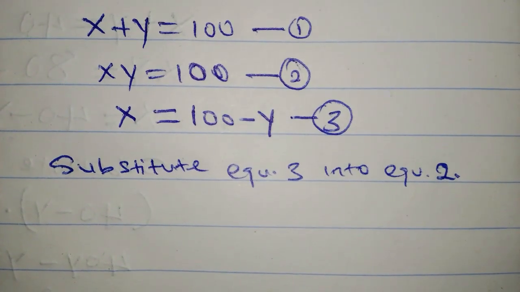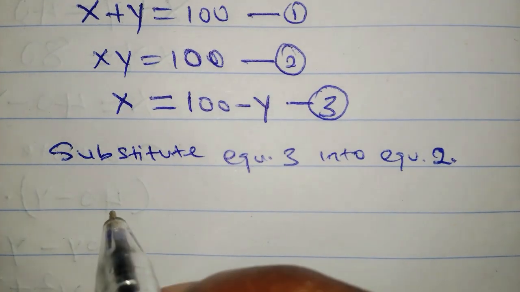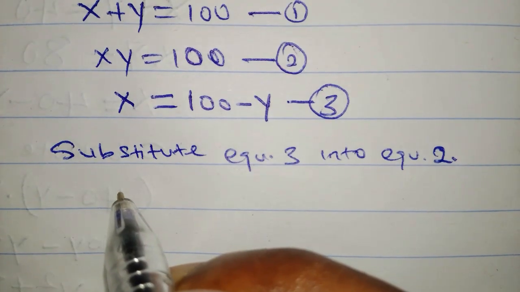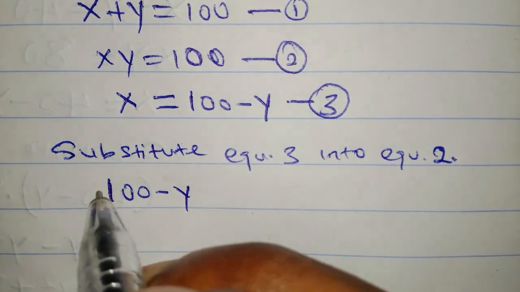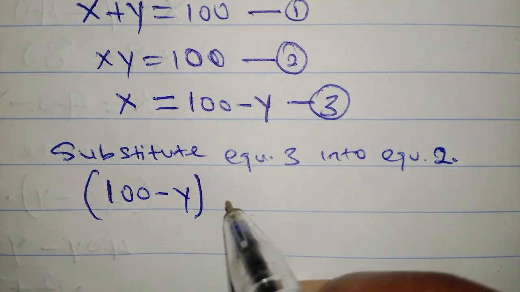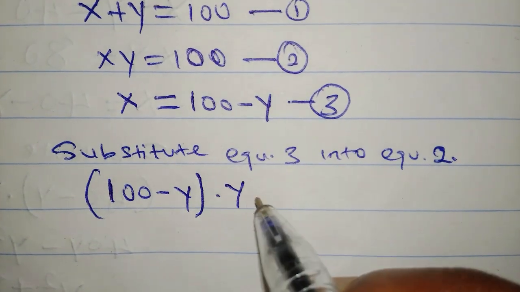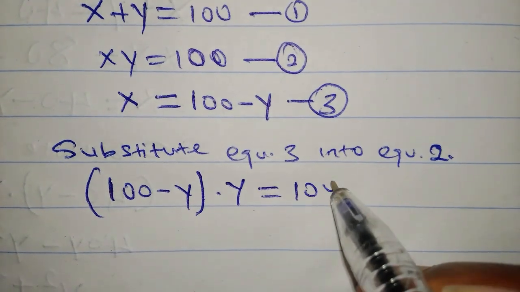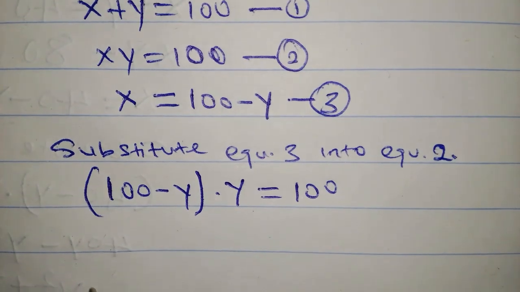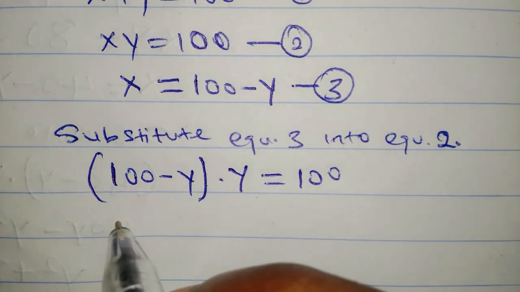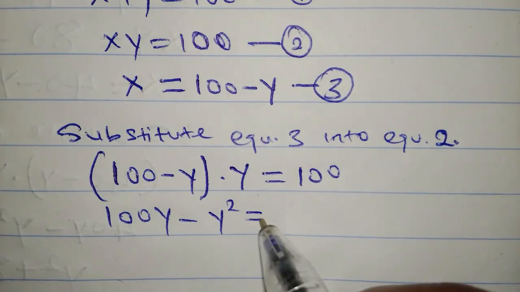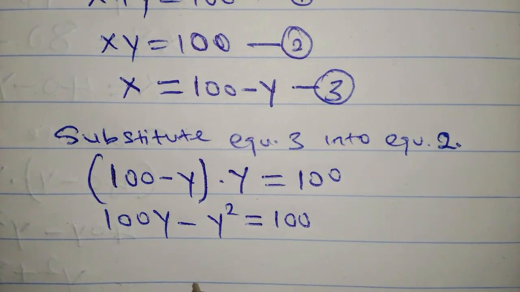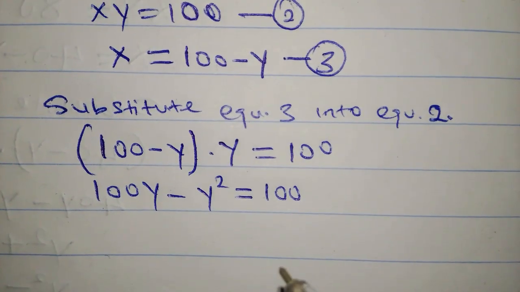Okay, so from here now we'll simply say 100 minus y times y equals 100. Okay, so from here now we can say 100y minus y squared is equal to 100 if we open the bracket.